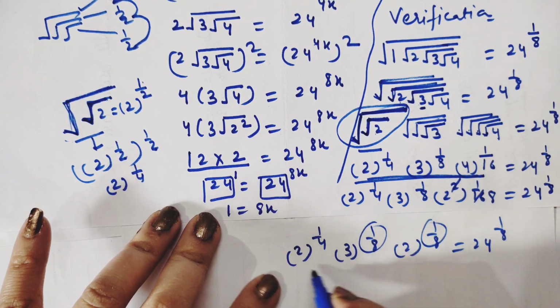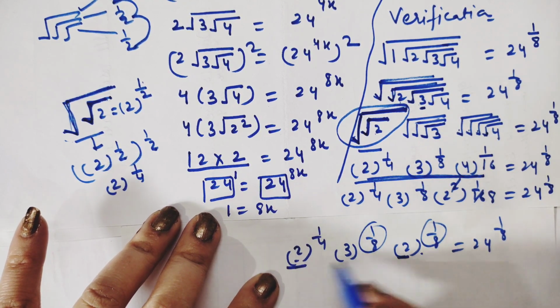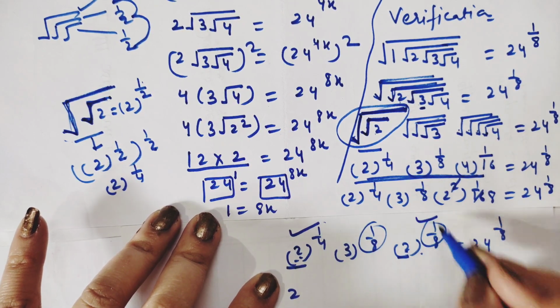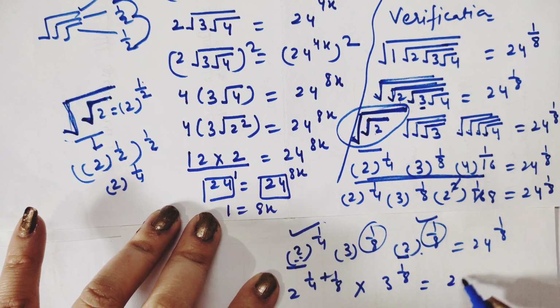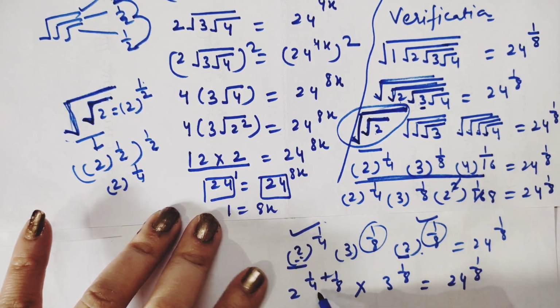So first of all we will solve these bases. Two bases are the same, both bases are the same. If the bases are the same, then the powers should be added, this one and this one. So 2 power 1 by 4 plus 1 by 8 into 3 power 1 by 8 equals 24 power 1 by 8. So the LCM of 4 and 8 is 8. 4 twos are 8, 8 ones are 8. So 3 power 1 by 8 equals 24 power 1 by 8.